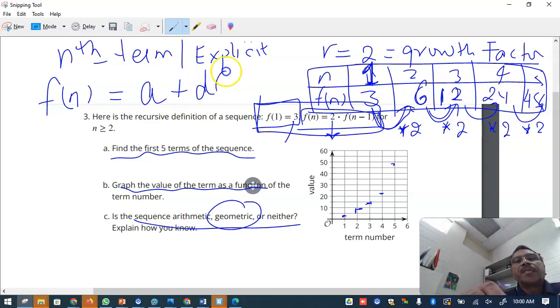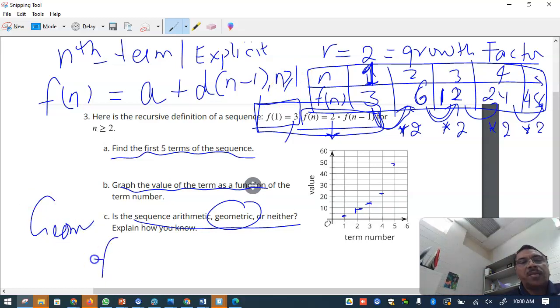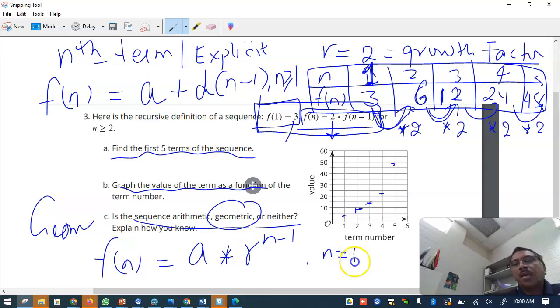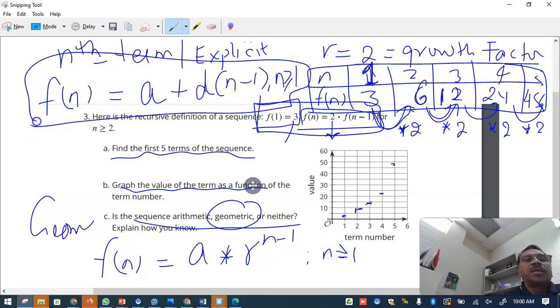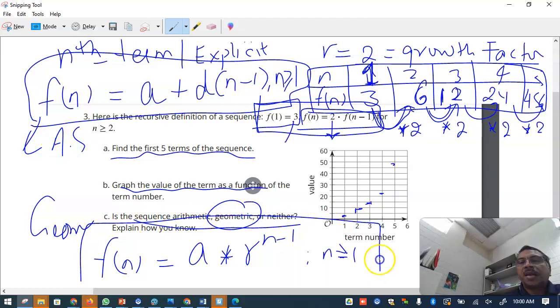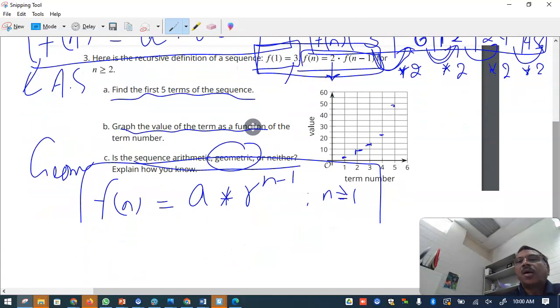This is for the arithmetic sequence. But for the geometric sequence, it will be f of n equals the very first term, and then you go on multiplying by the ratio n minus 1, for n greater than 1. So that's the difference between the explicit formula for an arithmetic sequence and for a geometric sequence.